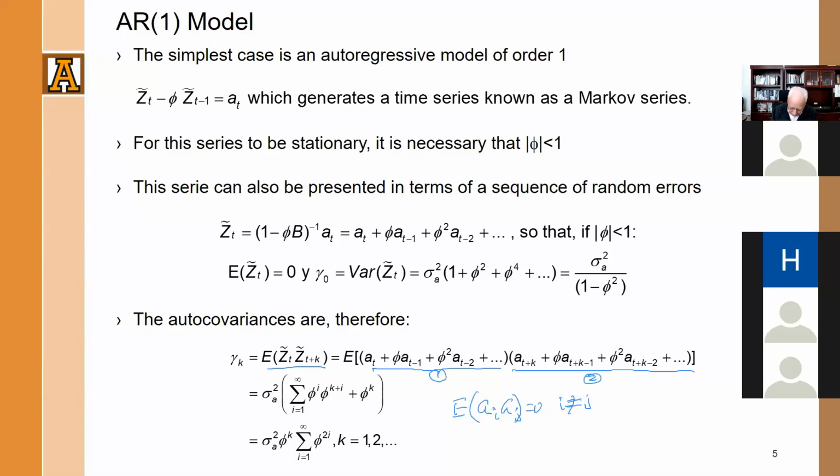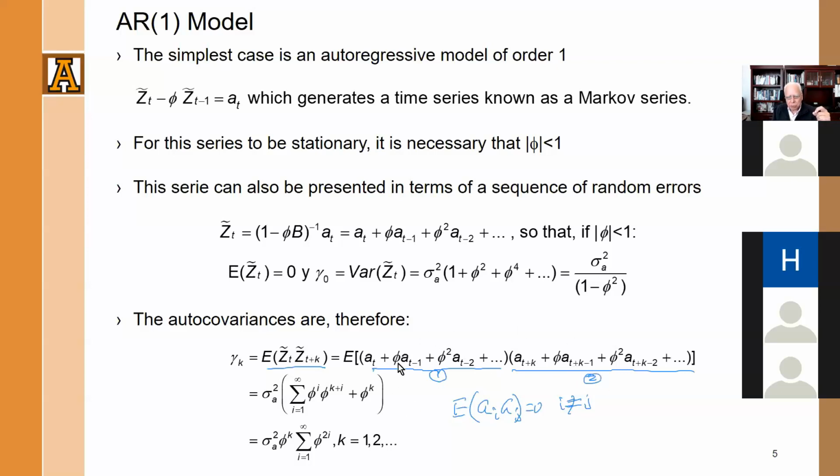If I eliminate all those terms, all I'm left with is the sum from i equals 1 to infinity of phi to the i times phi to the k plus i, plus phi to the k. Because when I multiply a_t times a_{t+k}, when k is equal to 0, I have a_t squared, and here I would have a_t times a_{t-1}, whose expected value would be 0, and so on.